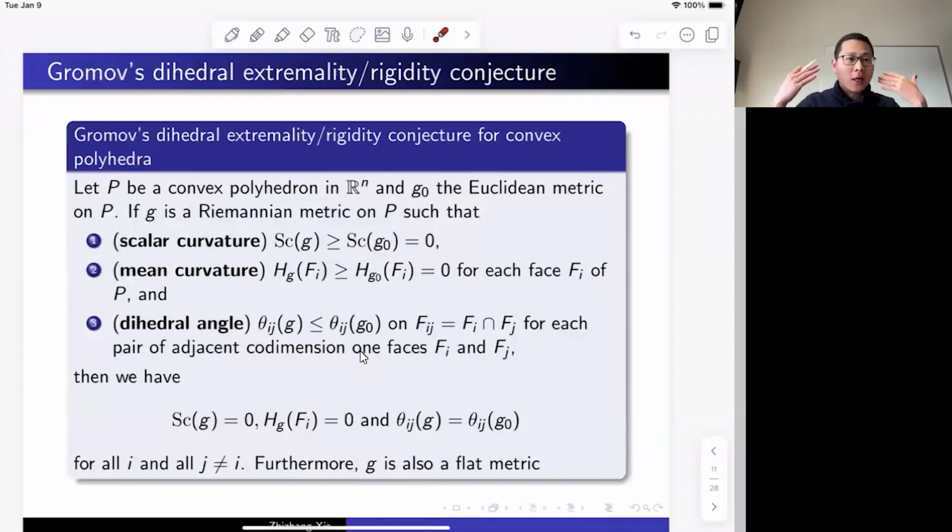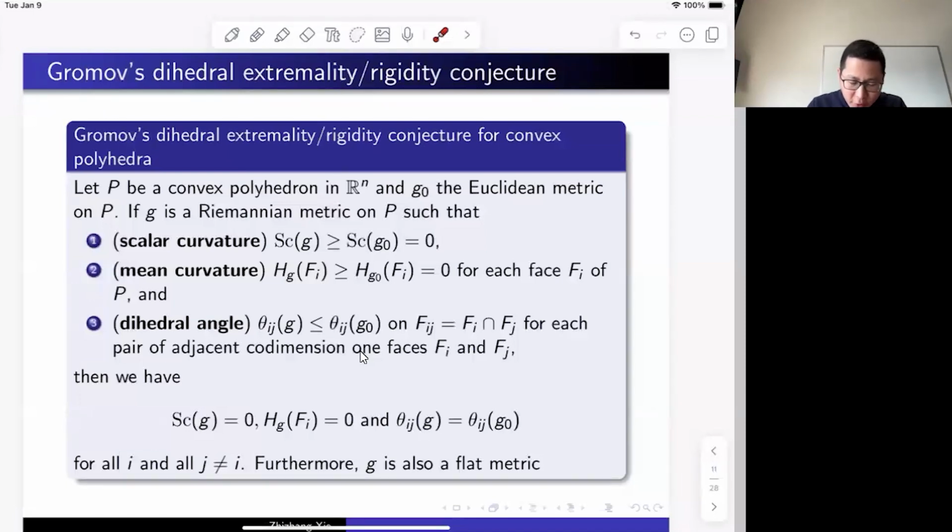So now let's get to the index theorem. The main point of the index theorem is to prove the following Gromov's dihedral extremality rigidity conjecture. Let me just remind ourselves what this conjecture is.